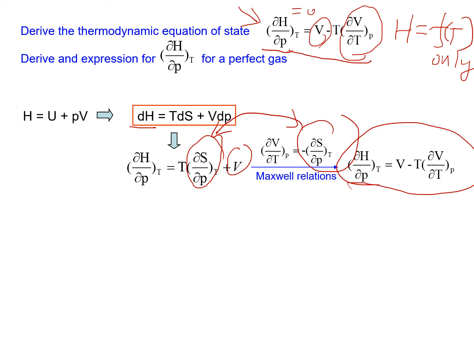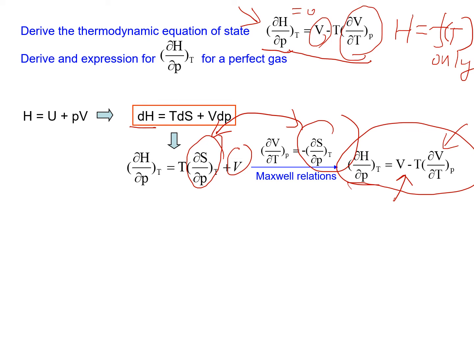The good thing is, on the right side, we can measure all the variables: volume, and volume change when temperature changes under constant pressure. This question tells you how important the fundamental equations and the Maxwell relations are. So that's the general equation for both ideal and non-ideal gas.